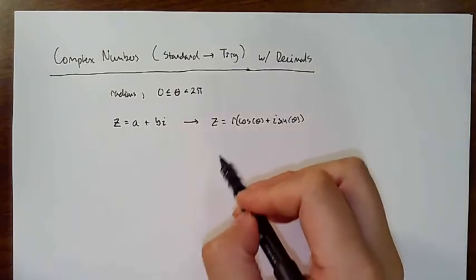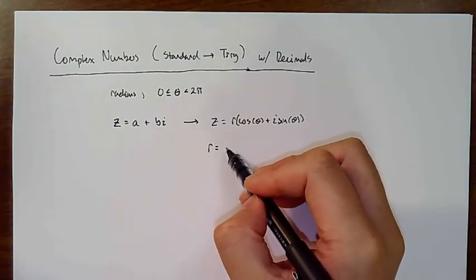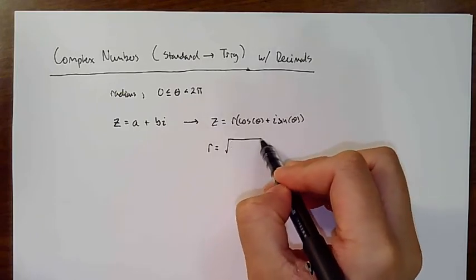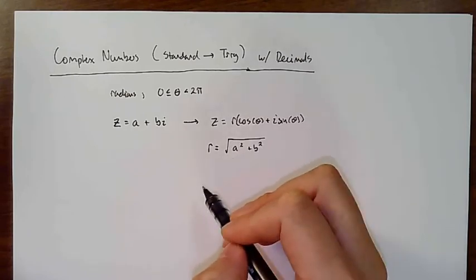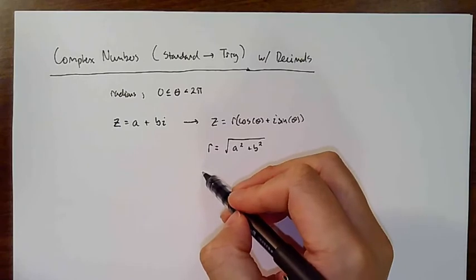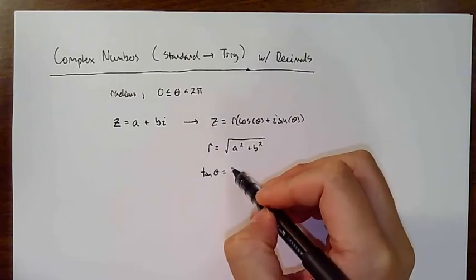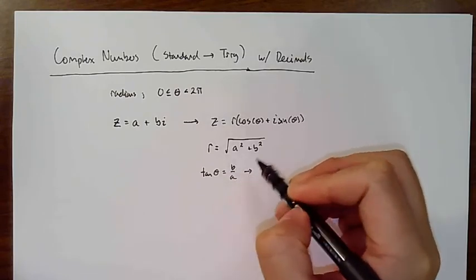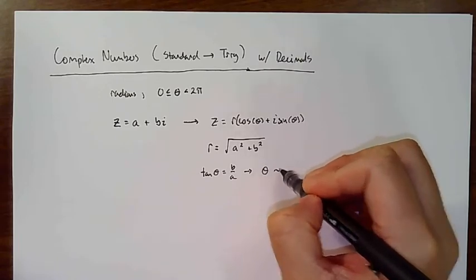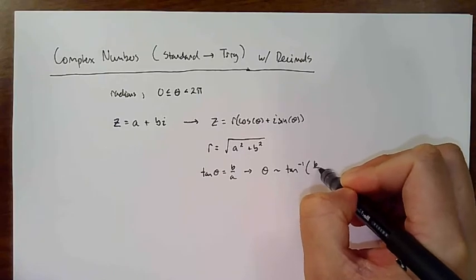Well, how do we find r? Well, r is kind of like the r from polar coordinates, except instead of x's and y's, we have a's and b's. So r is equal to the square root of a squared plus b squared. And then if you remember from before, we have tan theta is equal to y over x. In our case, this is b over a, which leads us to theta is something like the arctan of b over a.